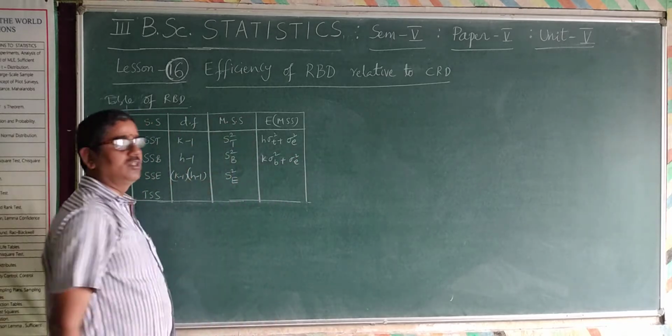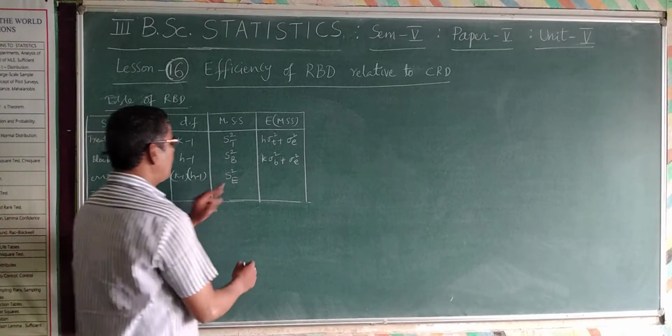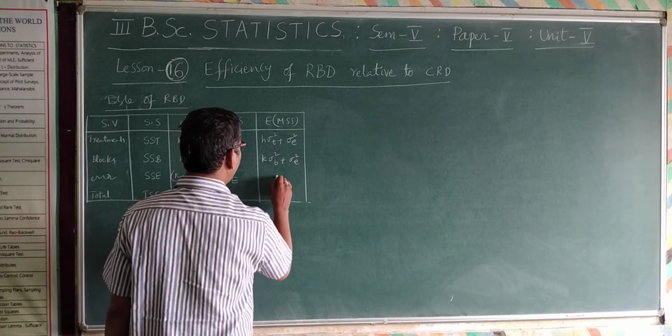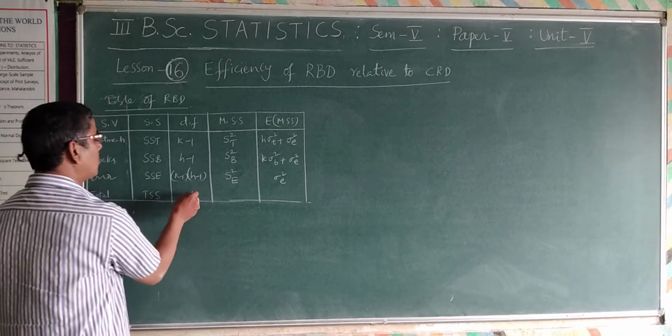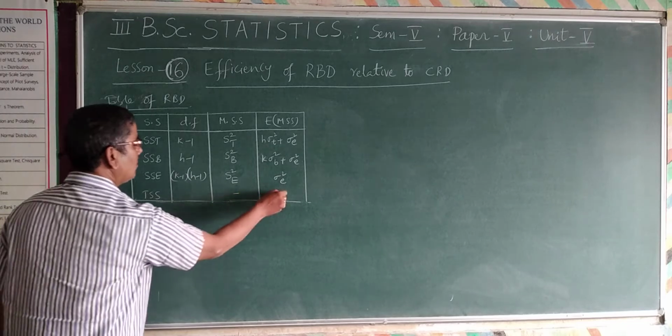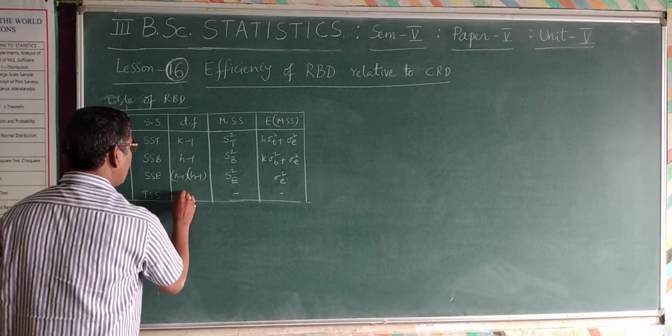That is for blocks. And for s square e, it is sigma square e. I am leaving the total sum of squares. Degrees of freedom, of course, we have here, it is kh minus 1.